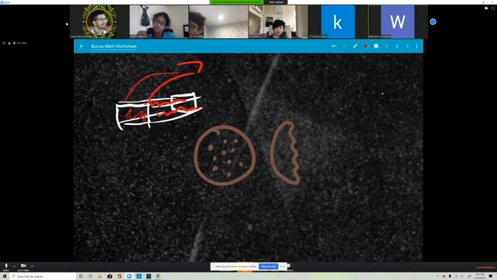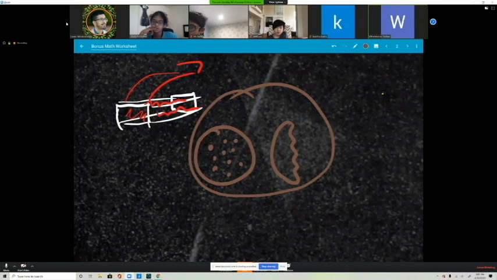So all that was left in there was one whole cookie and one little half. So we have 1 and 1/2 cookies left. Did everyone see that? We have 1 and 1/2 cookies left.